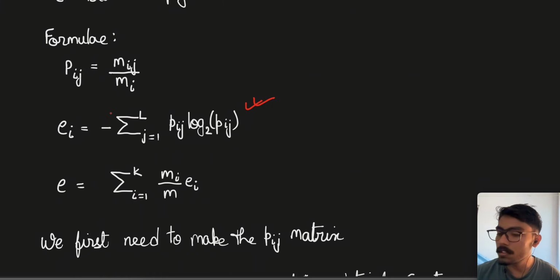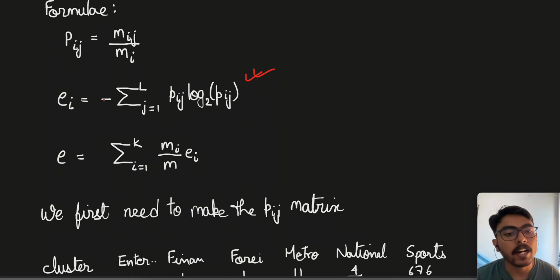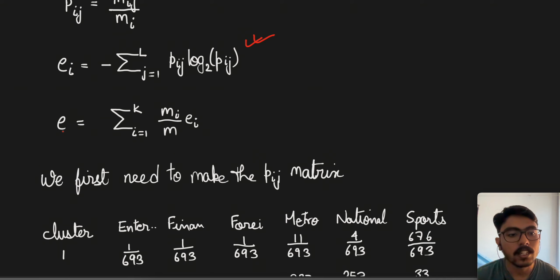One thing you will note is there is a minus sign in this entropy value, which will make the entire value positive. So Ei is minus the sum of Pij log base 2 Pij, calculated for all the classes. Then the total entropy is the sum of Mi by M into Ei.